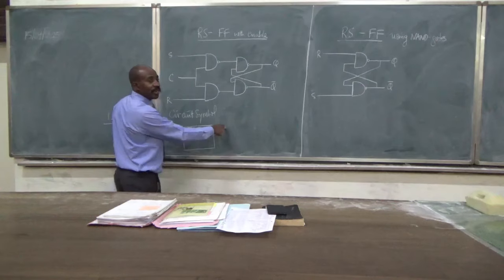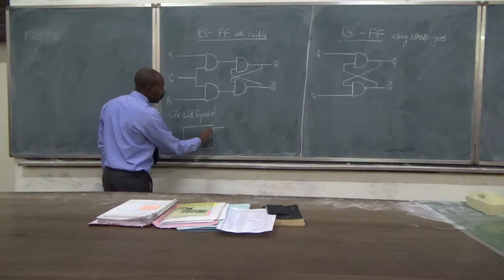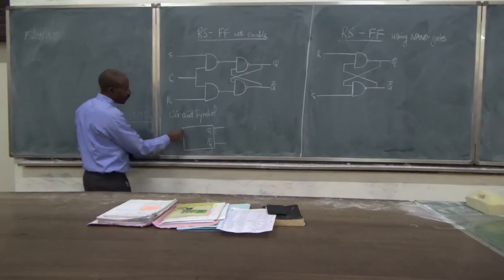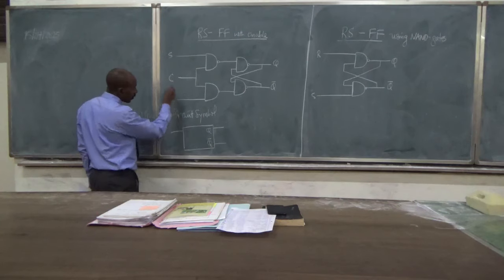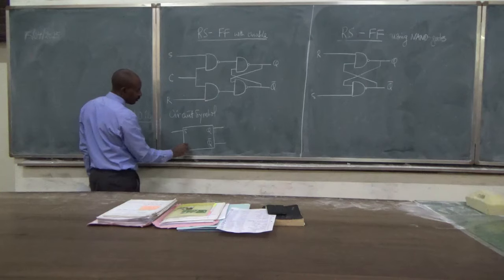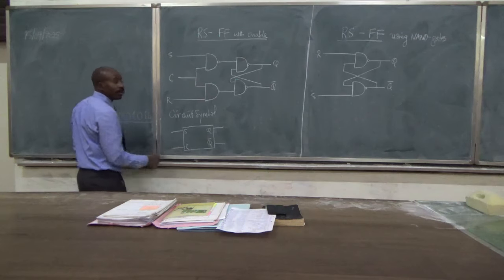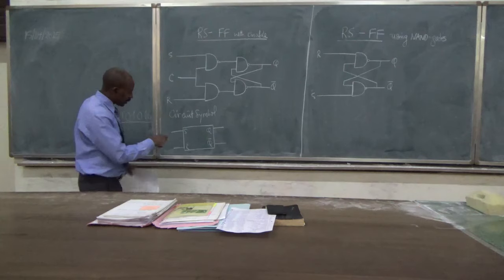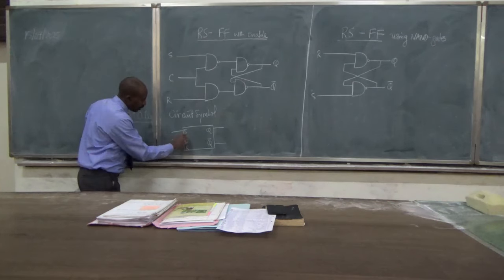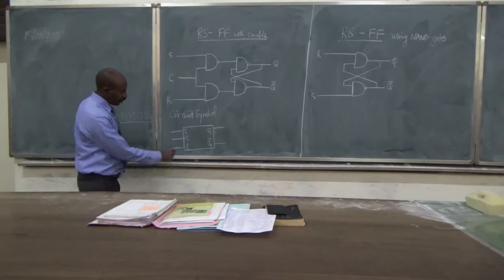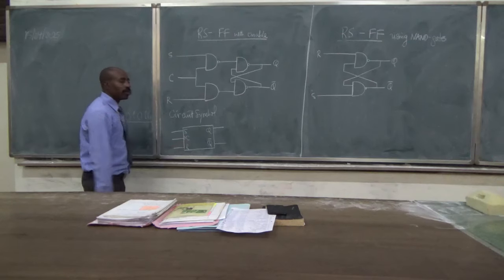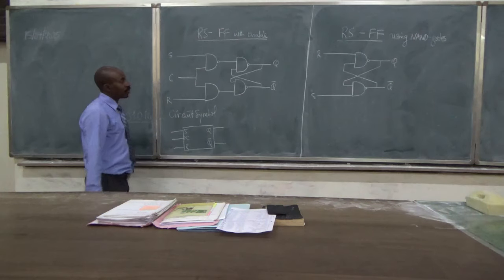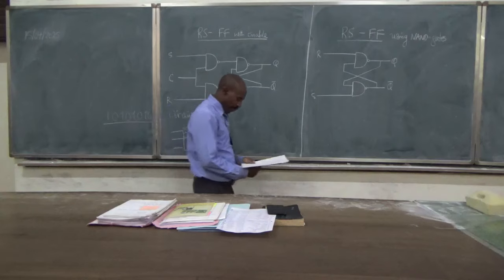So this will be Q, and then this one will be Q bar, and then here we have the set. Now we have the set, but here we are putting in a clock. We are punching in the clock here. Sometimes you find that this clock is put here like this. But on this, I put it since you will find it.